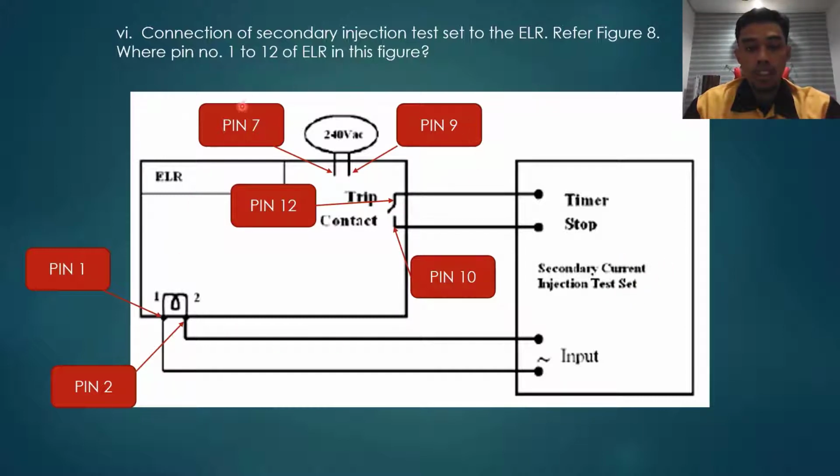As we can see here, pin number 7 and pin number 9 are connected to the power supply or input source, which is the 240 VAC. Pin number 12 and pin number 10, which are the trip contacts, will be connected to the timer stop of the secondary current injection test set. Last but not least, pin number 1 and pin number 2 will be connected to the input of the secondary current injection test set. Thank you. That's all for my part.